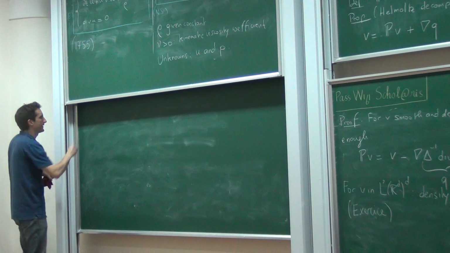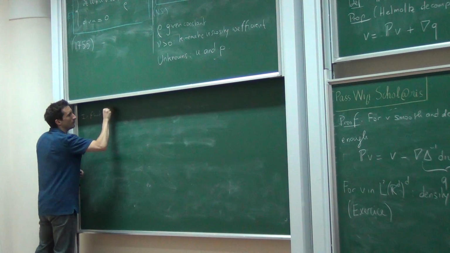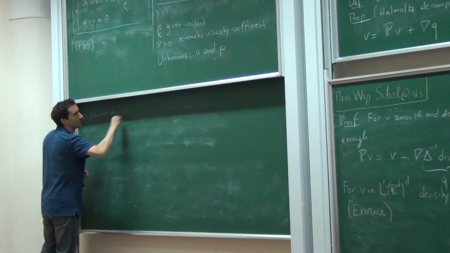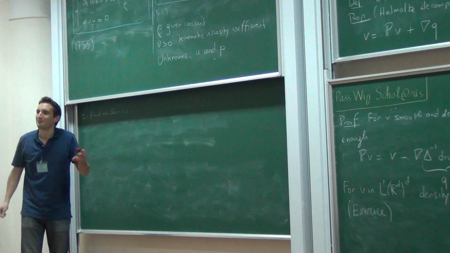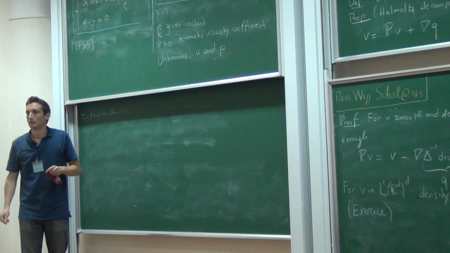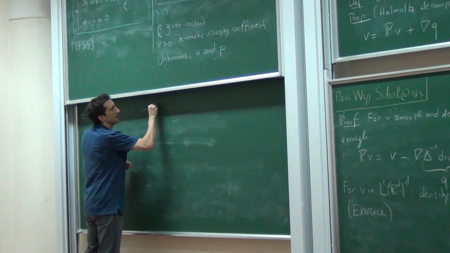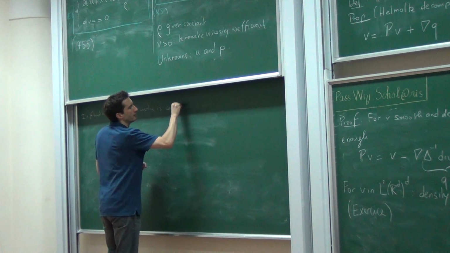So in fluid mechanics, you have to think of U as a velocity field, and the curl of U is called the vorticity field.